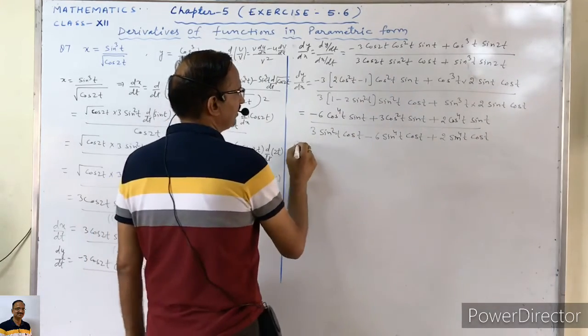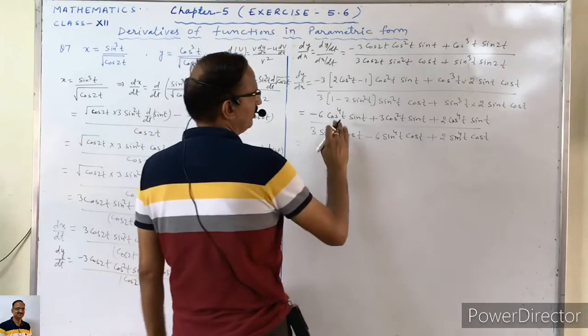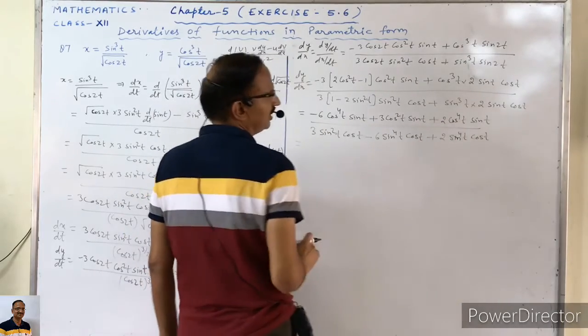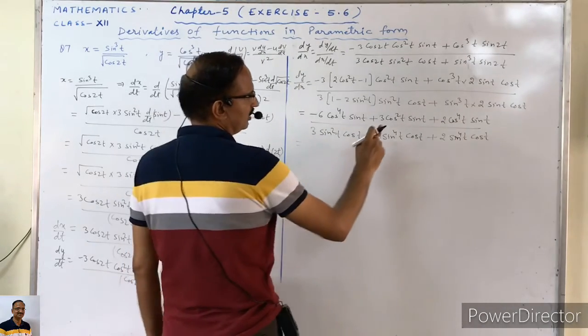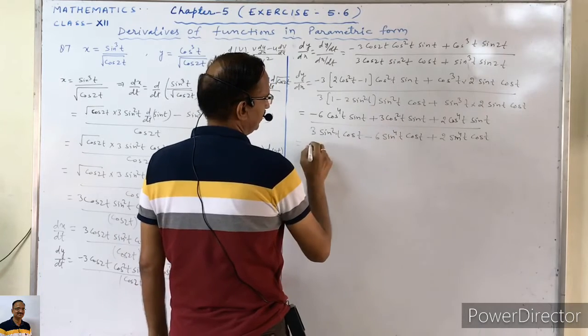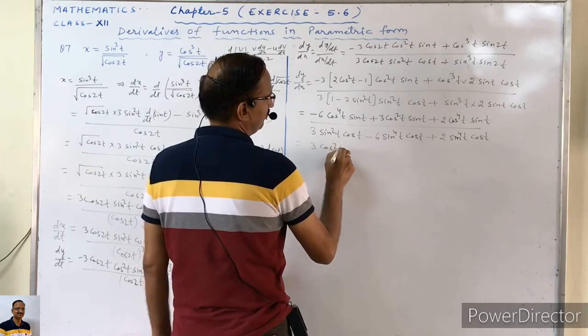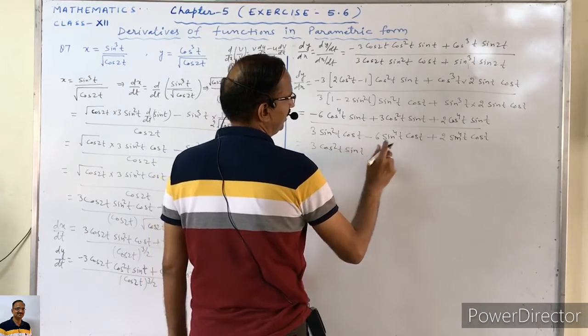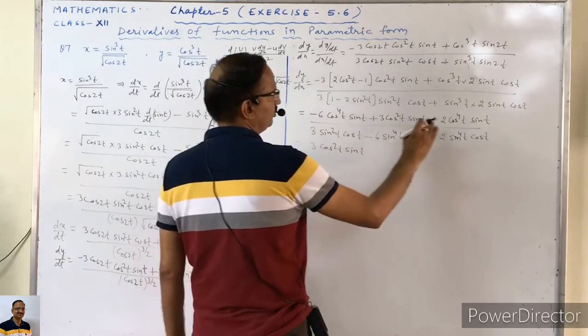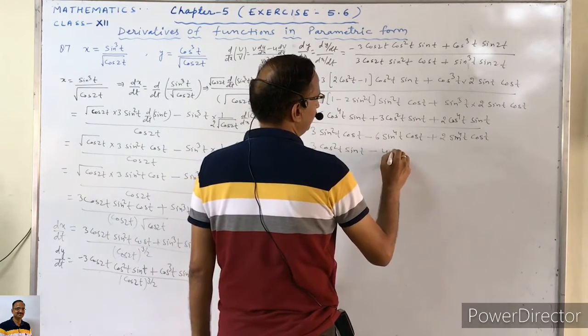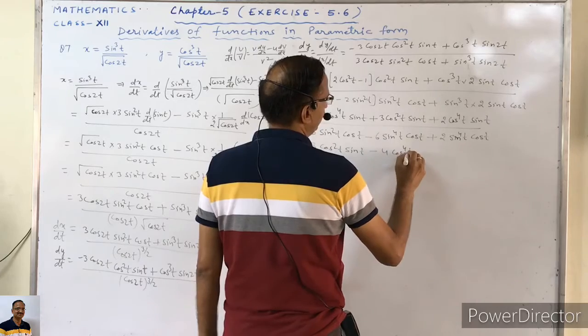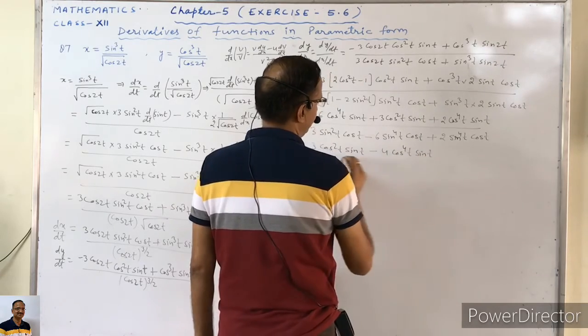Now when we further simplify this, look at this, these two are like terms. So we will write this 3 cos square t sin t, and when we subtract these two, we will get minus 4 cos raised to power 4 t and sin t.